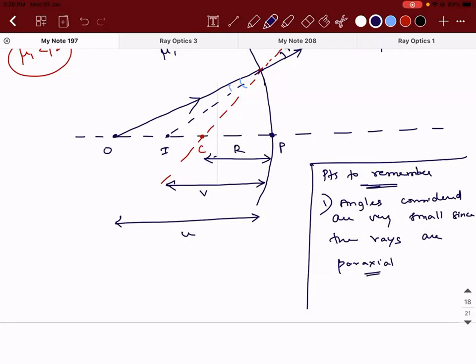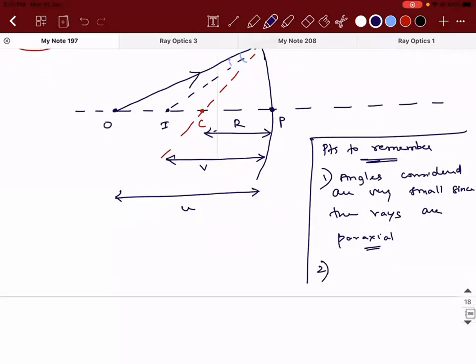Okay. Angles considered are very small since the rays are paraxial. And secondly, aperture of the surface is very small.